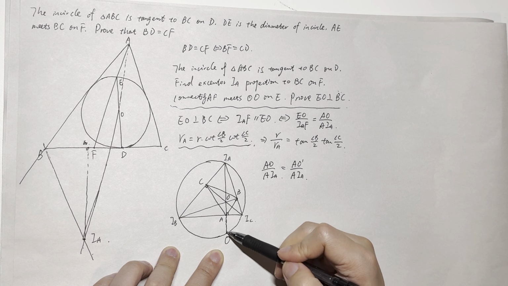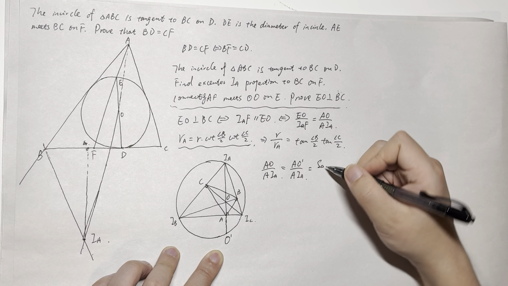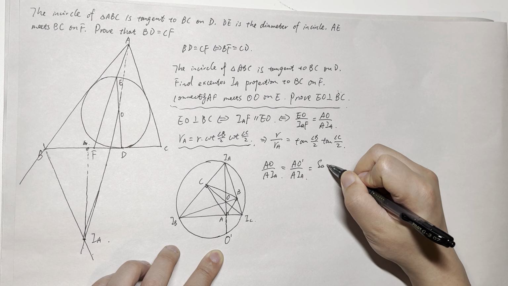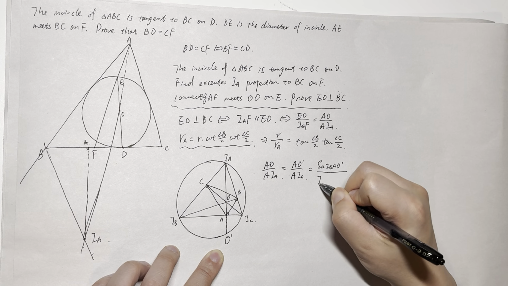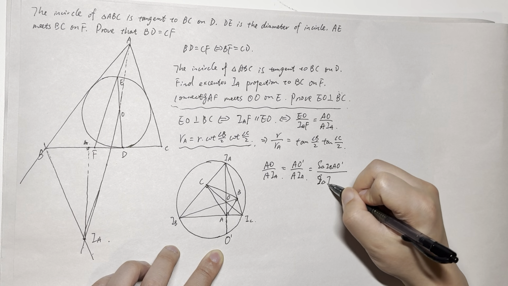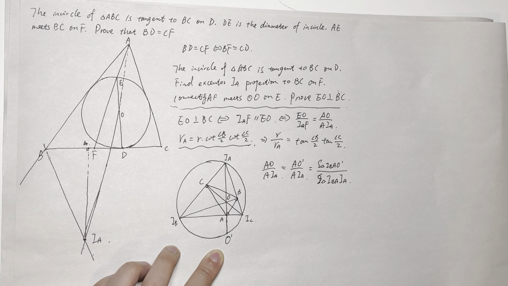right? AO prime to AIA, which equals the area ratio of triangle IBAO prime to the area of triangle IBAIA, right?